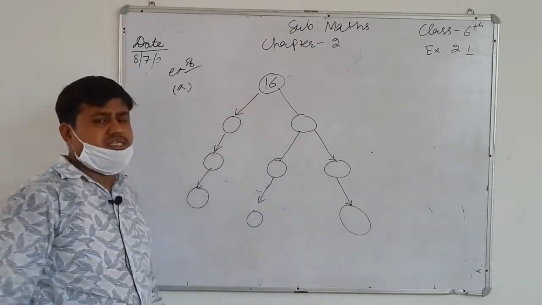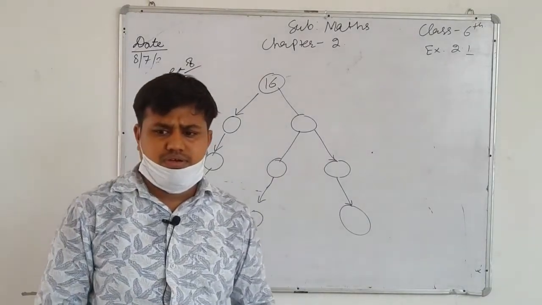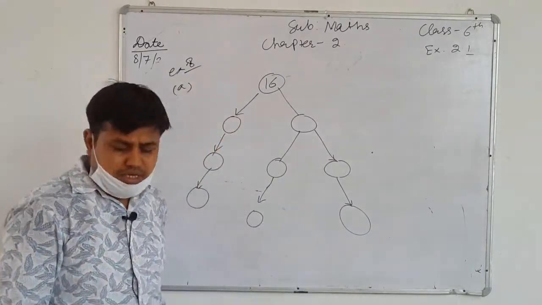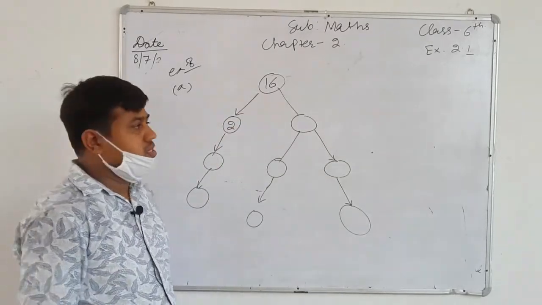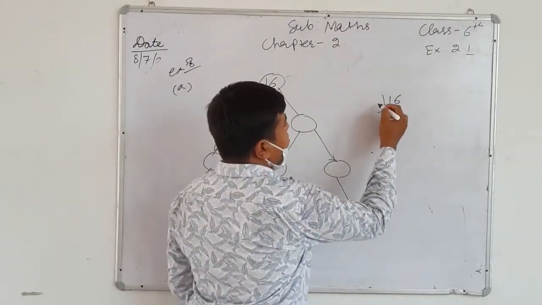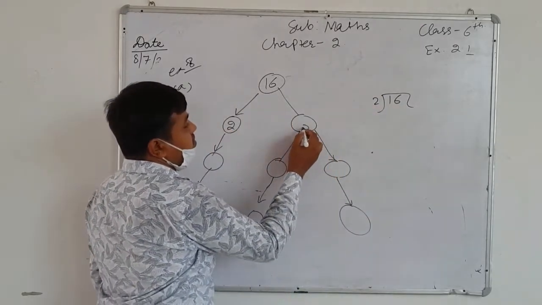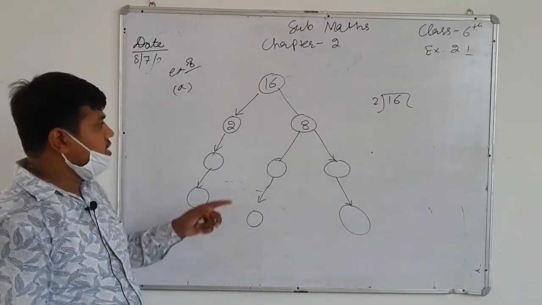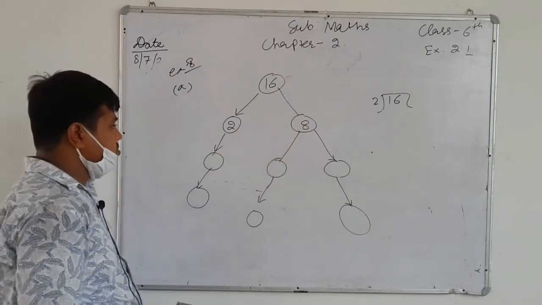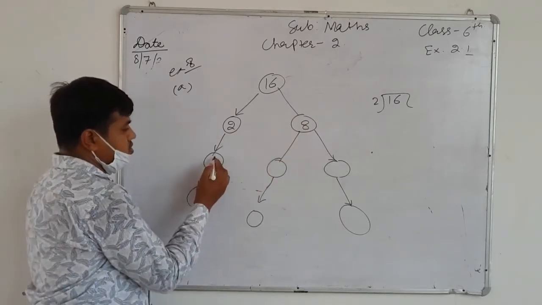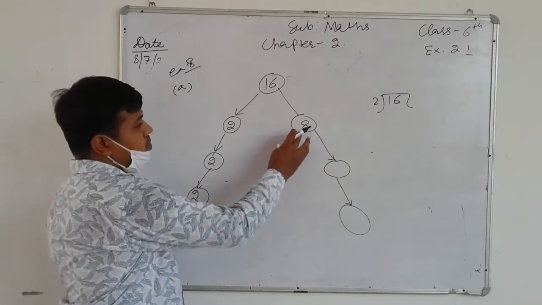We know that 16 is an even number, so it is divisible by 2. If we divide 16 by 2, we will get 8. So write here 2 and the quotient here 8. So in these 2 boxes, write 2.